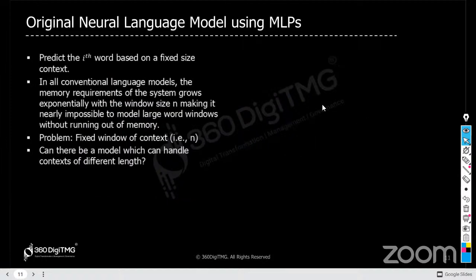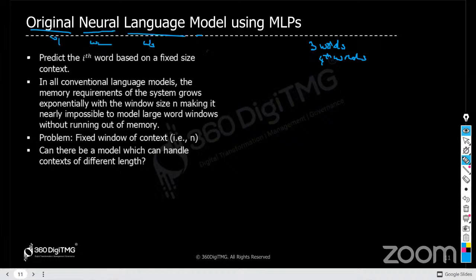The next one that we have is the original neural language model using MLPs, that is multi-layered perceptron. Suppose in your data set you have three words, and now you want to predict the fourth word. Imagine this is the first word, this is the second word, and this is the third word.